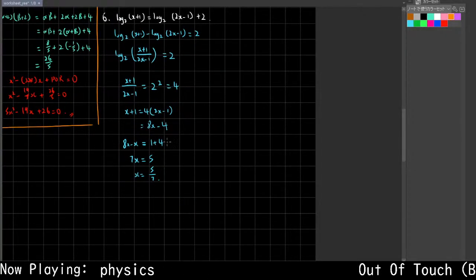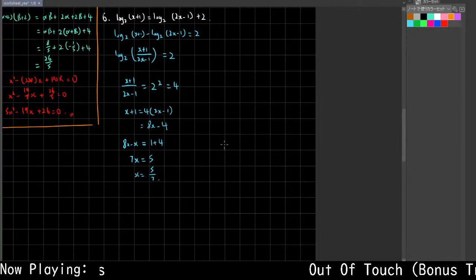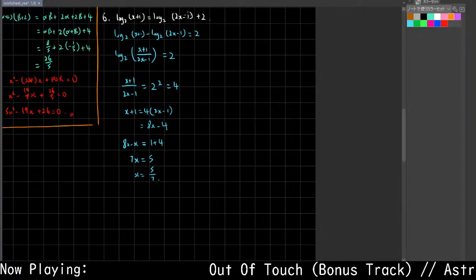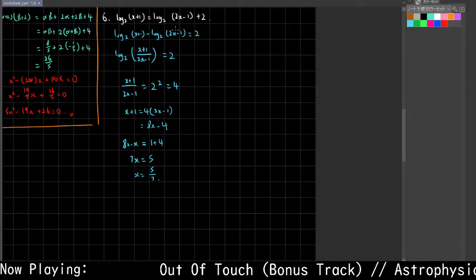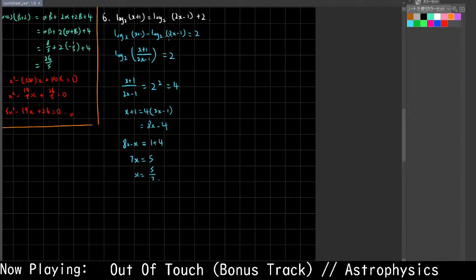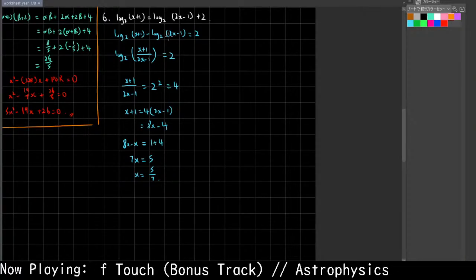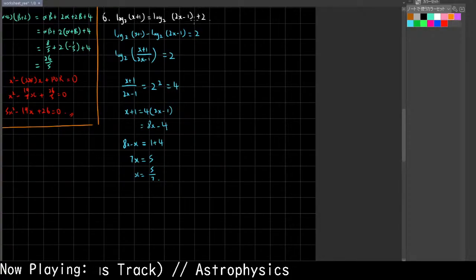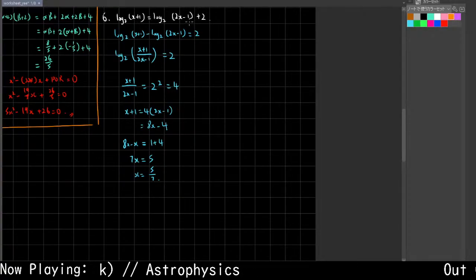Okay, that's it. You can double check, but as long as the terms inside your log are not less than 0, then it's good. In this case, you can add your x back into these two things to double check.